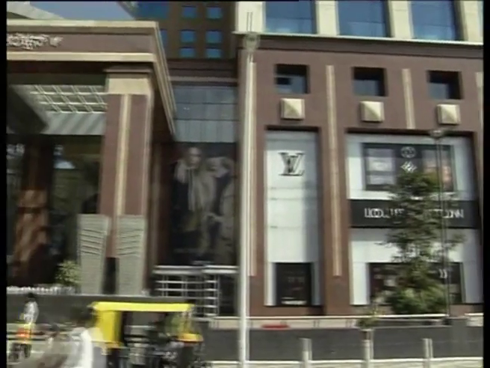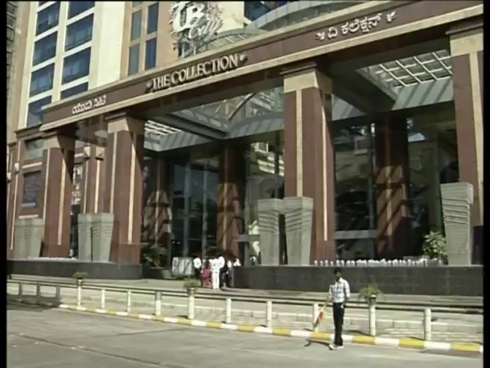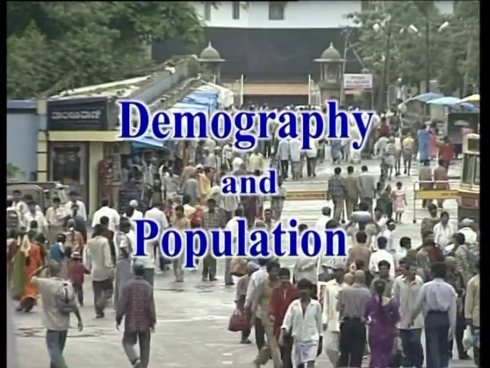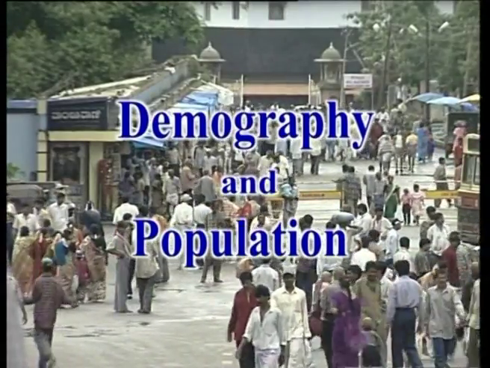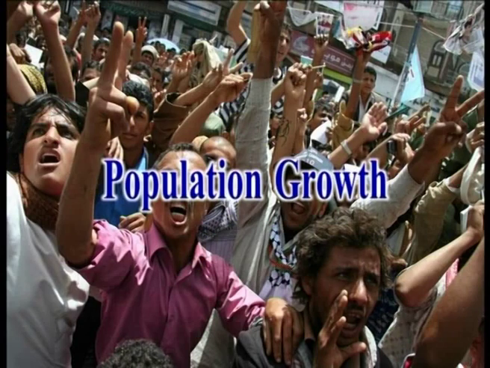We have in our last module seen how people adapt to modern society. From now on, we will look at demography and population. First of all, in today's module, we would look at population growth.